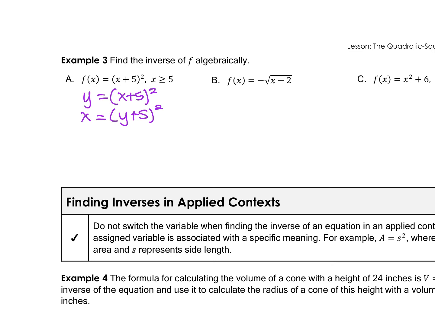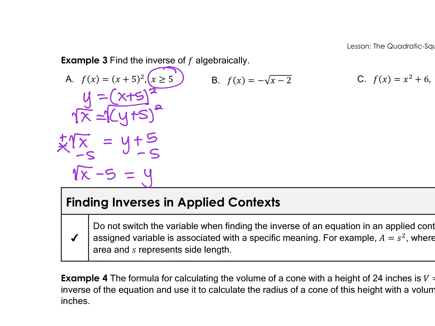So in order to get y by itself, I'm going to have to take the square root of both sides, which means I need a positive and a negative answer. But notice that we only want positive values, so make sure that you're only using the positive square root of x. And then when we subtract 5, we get square root of x minus 5 equals y.